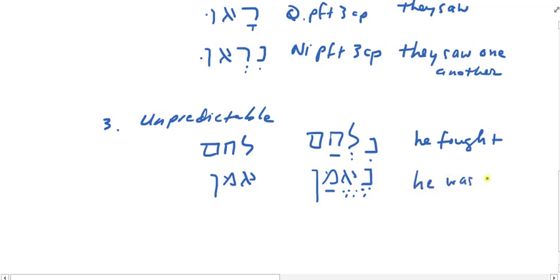He was faithful. Okay? That is to say, the nifal meaning of aman is to be faithful. We don't see the verb aman used in the qal. It's used in the nifal with the meaning of being faithful. Okay? So he was faithful. All right. So you just have to learn what these verbs can mean in the nifal. Some of them. All right. Well, I'll stop there with the explanation of the chapter.